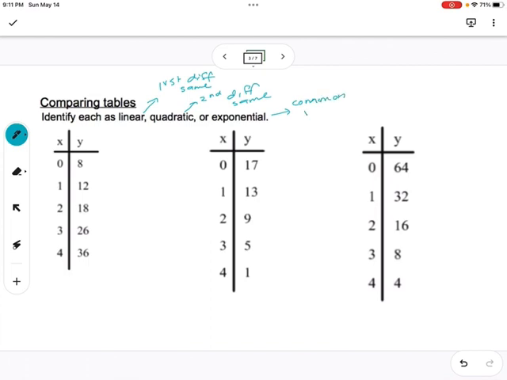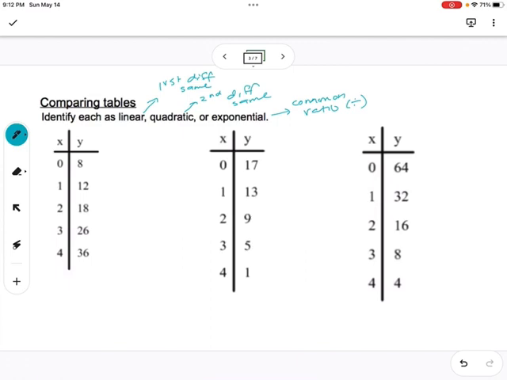So when we divide. Okay, so we can always start off with our first and second differences and see if those work. If not, we'll try out a ratio. You can also sometimes tell just by looking at the numbers, and if you see a pattern there, then it's easier to pick between the three there.